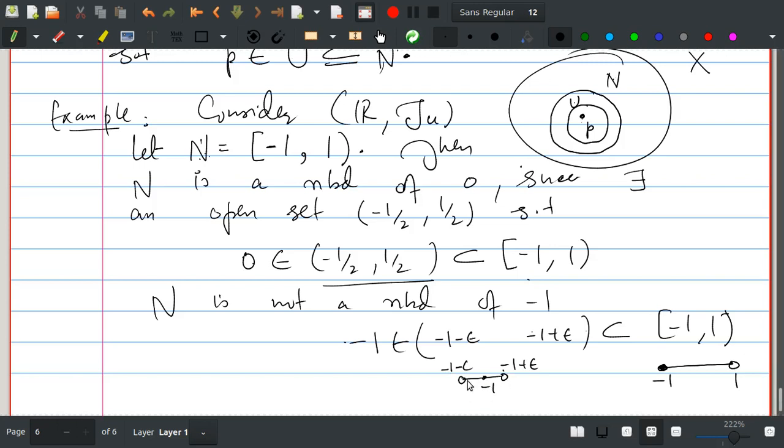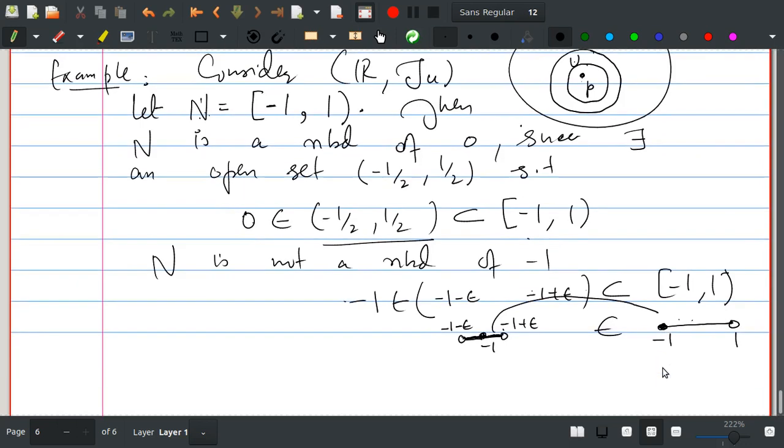Note that this open set is not contained in N, because these elements are there, but the points to the left of -1 are not there, so this is not a neighborhood of -1.